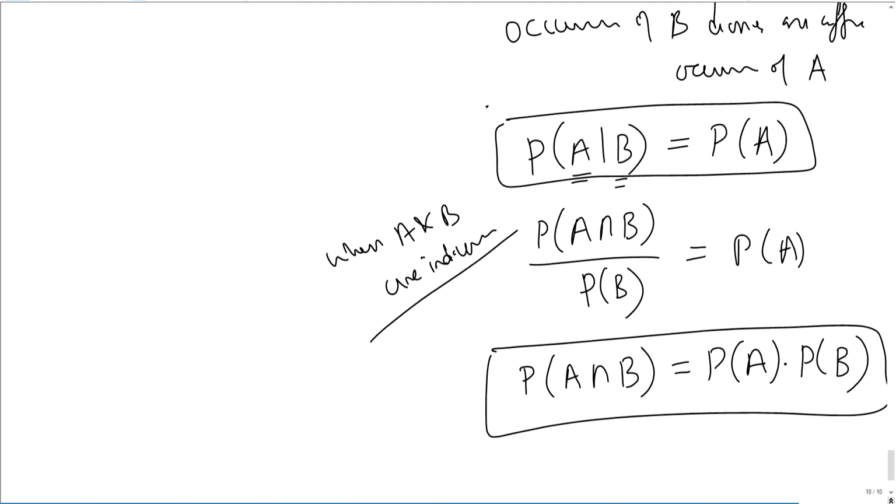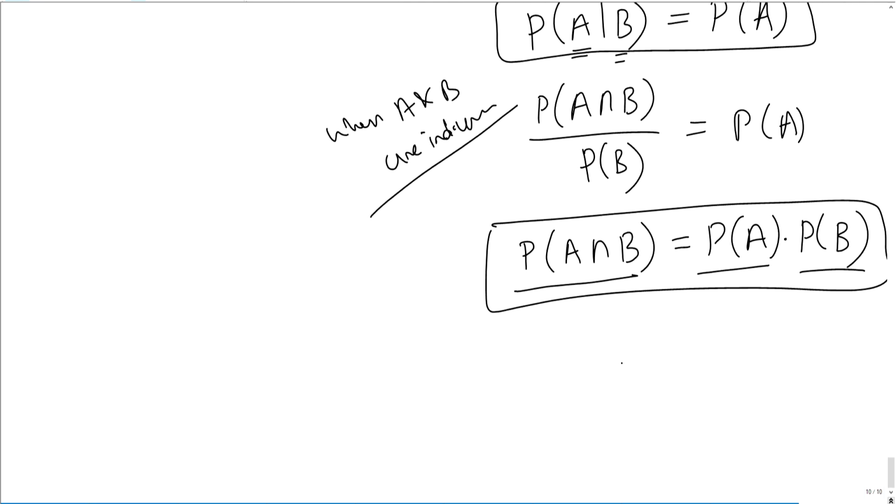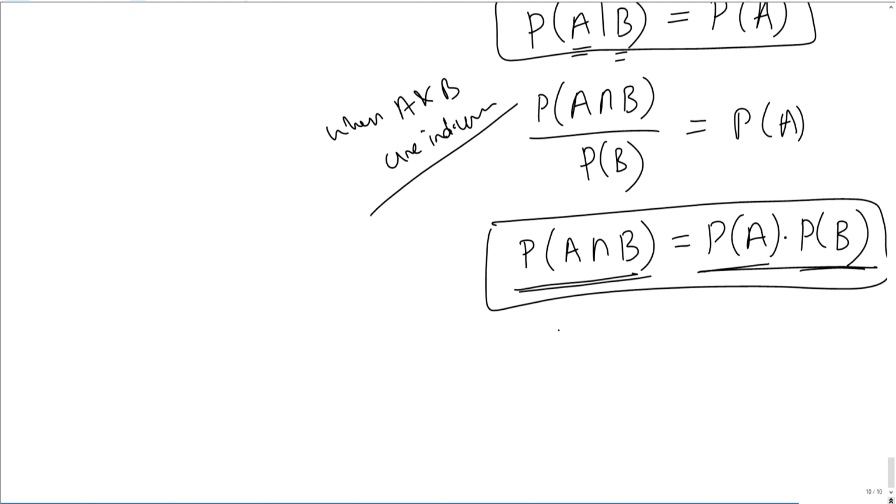If you want to calculate the joint probability of two events, we multiply their individual probabilities. And we can do this only when we assume that A and B are independent of each other. So under the assumption of independence, the probability of A intersection B, the probability of joint occurrence of A and B, is equal to probability of A times probability of B. So if two events A and B are independent, then probability of A intersection B equals probability of A times probability of B. That is the idea of independent events.